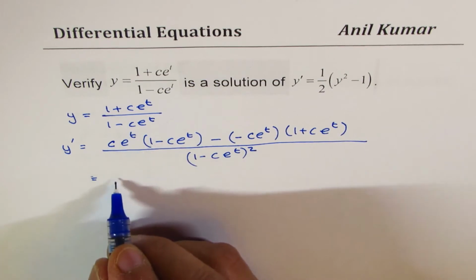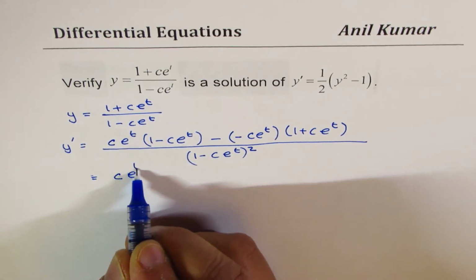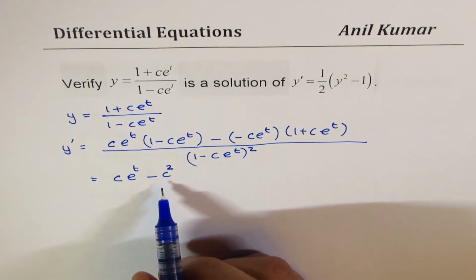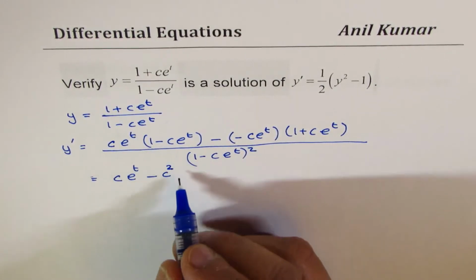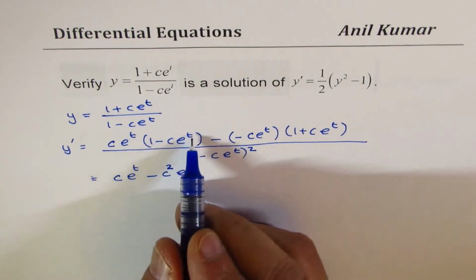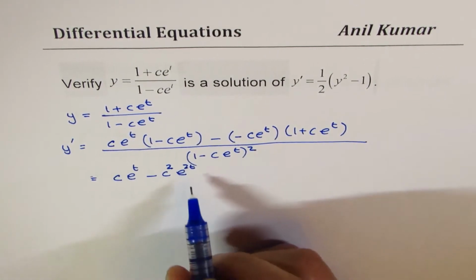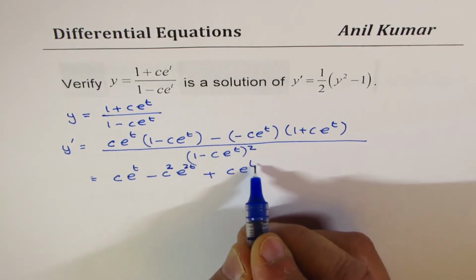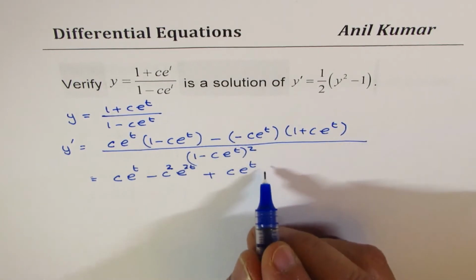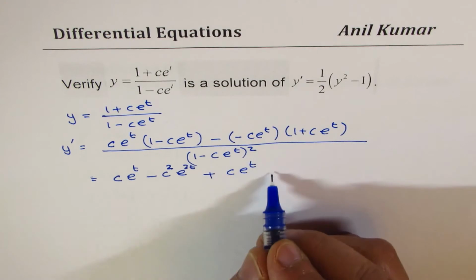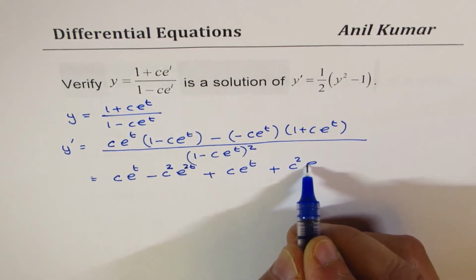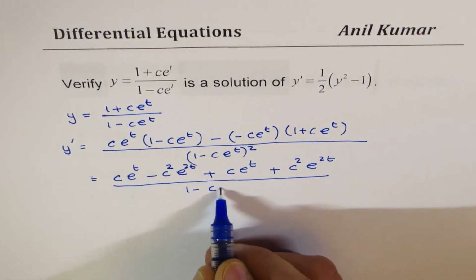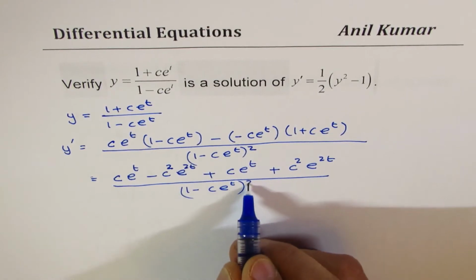So we can simplify the numerator. Let's first expand it. So we get c e to the power of t minus c square e to the power of t times e to the power of t, which gives 2t, right? Minus and minus becomes plus, so we get plus c e to the power of t, and then with the second term, minus and minus is plus, so plus c square e to the power of 2t, over 1 minus c e to the power of t whole square, right?